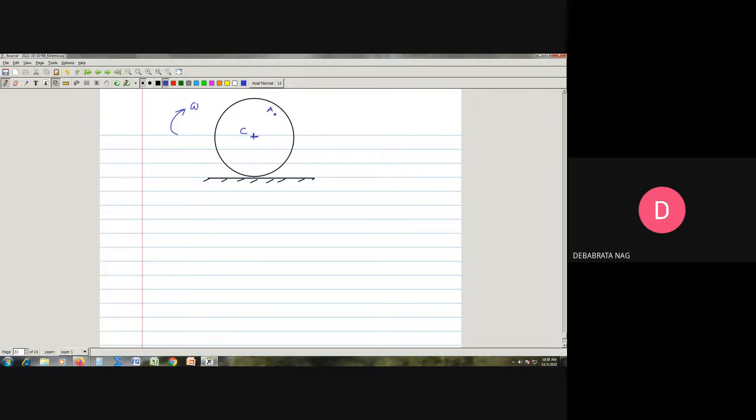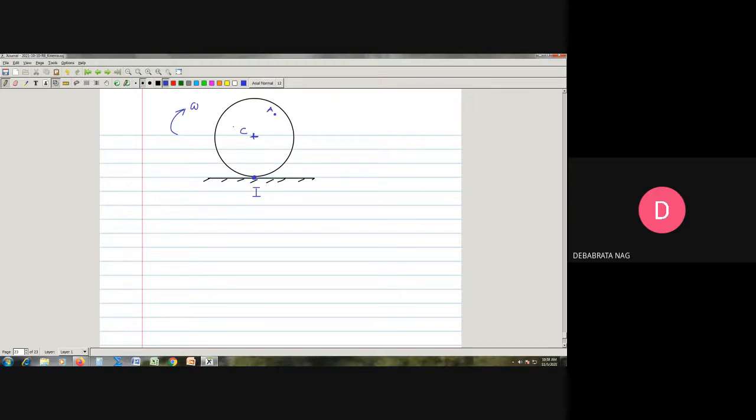You see here, this is the point which is the instantaneous center of rotation for this rolling motion without slipping, because this is the point which is having zero velocity. So this point of contact between this roller and the horizontal surface is serving as the instantaneous center of rotation for this disk at this instant.